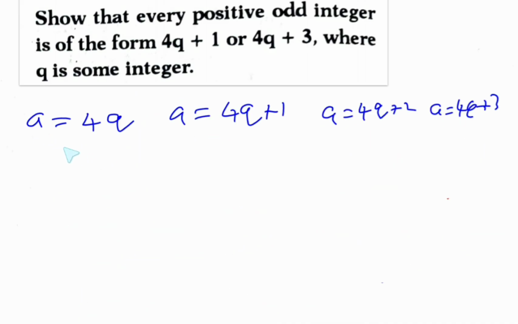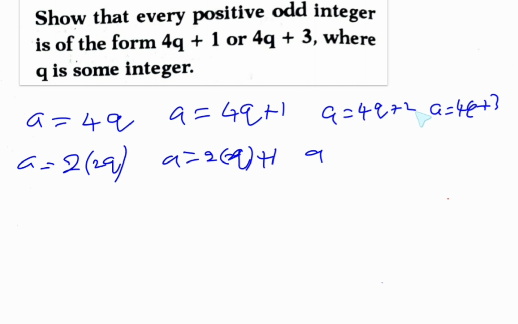Now observe here, a equal to 4q means a equal to 2 into 2q, and here a is equal to 4q plus 1. Here a is equal to 4q plus 2 means 2 into 2q plus 1. Here a is equal to 4q plus 3 means 2 into 2q plus 1 plus 1.